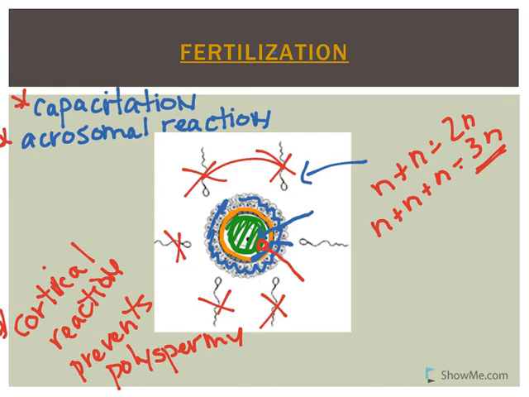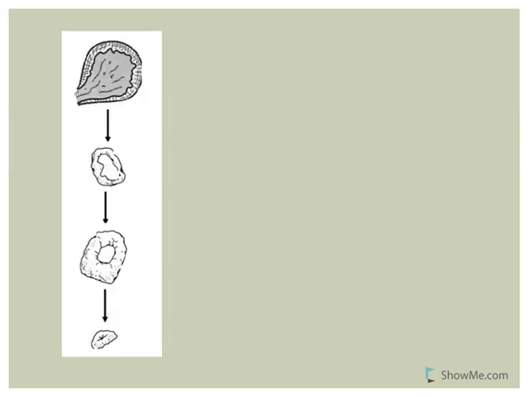Now what will happen after the egg is ovulated is that those cells that remain behind will develop into something called the corpus luteum. So right here, this is your corpus luteum. What's allowing this to develop is luteinizing hormone.